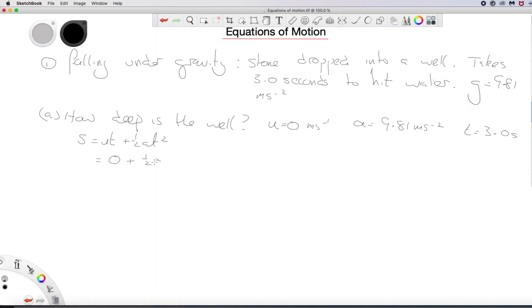Plus a half times 9.81 times 3 squared. That gives me 44.15, but that's 4 sig figs. I can only have 2, so it's 44 to 2 sig figs.